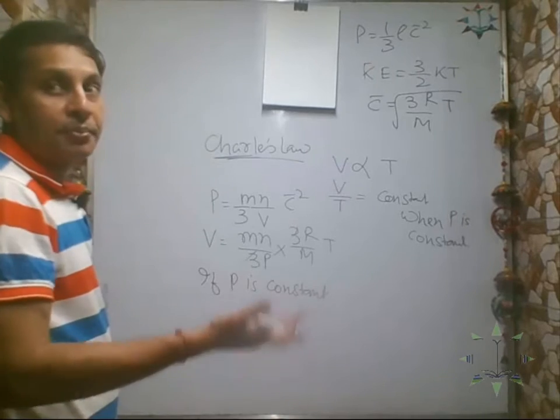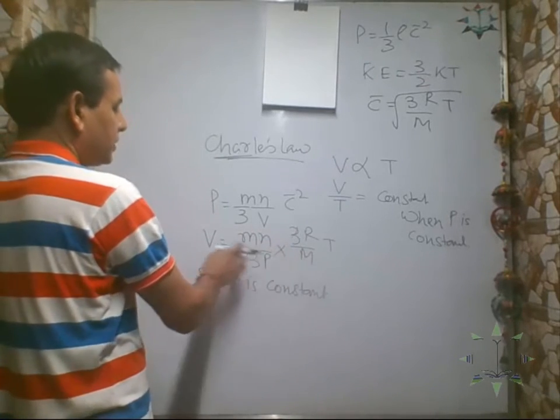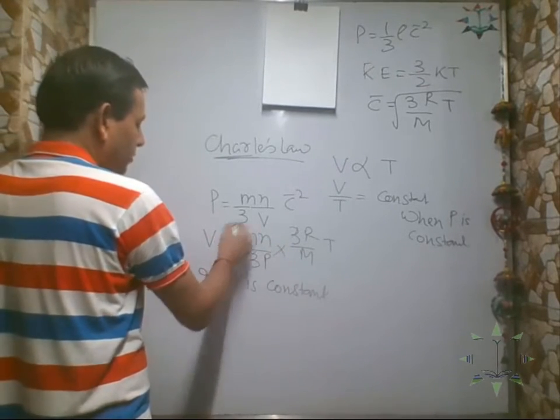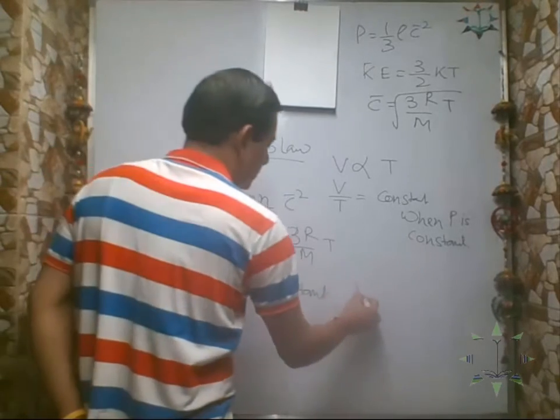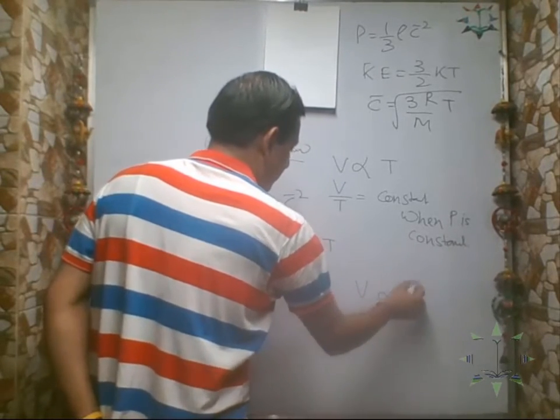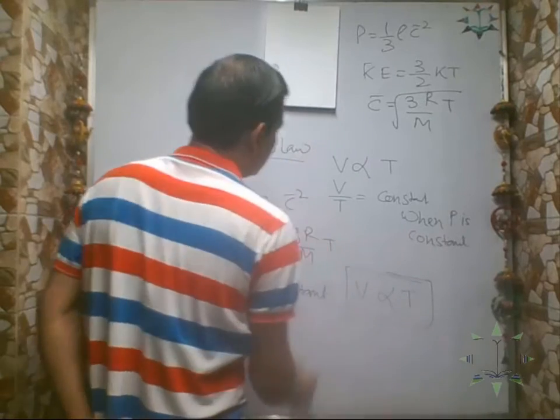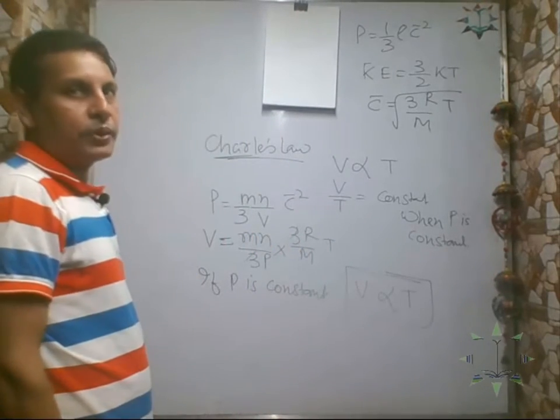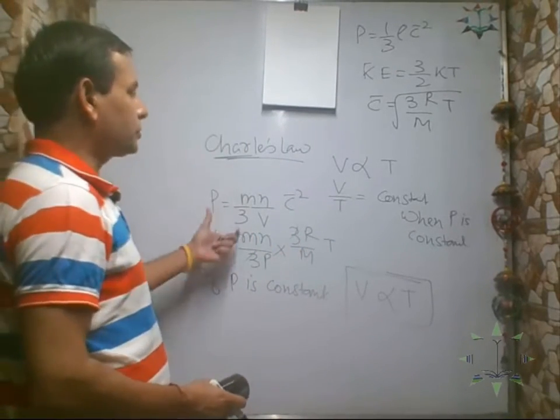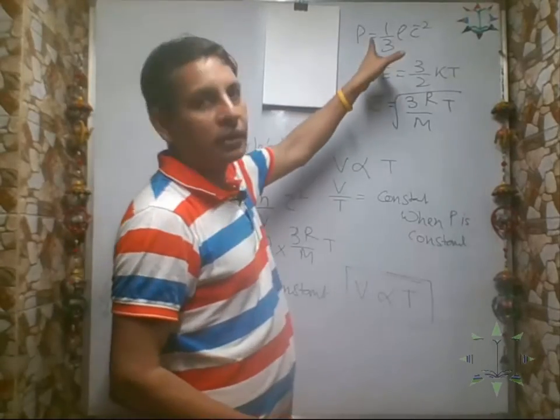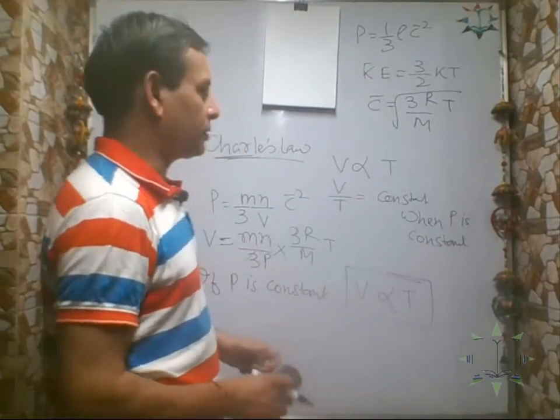Temperature. We can change the temperature. Rest of the things are constant. So in place of an equal sign and constant, we can write a proportionality sign. This is what is called Charles' law. So we can deduce Charles' law using the pressure exerted by the gas equation.